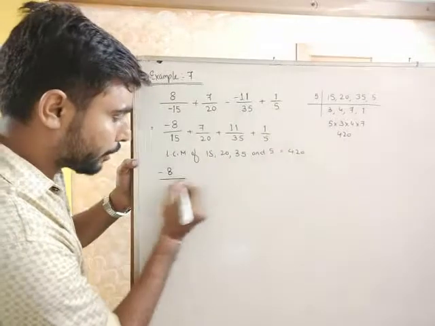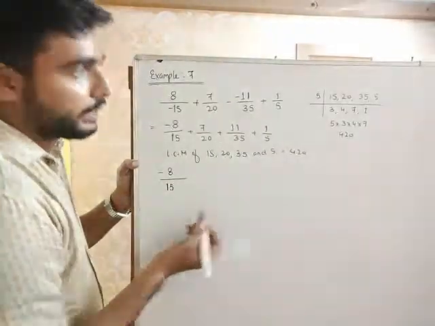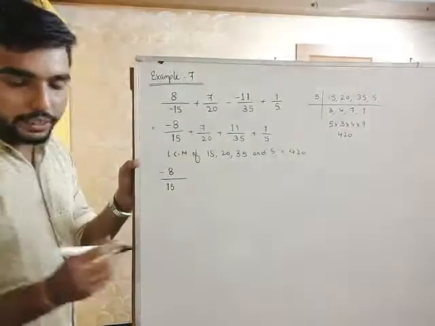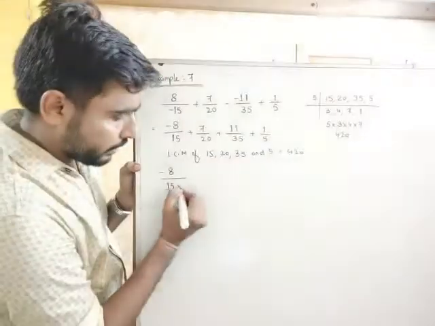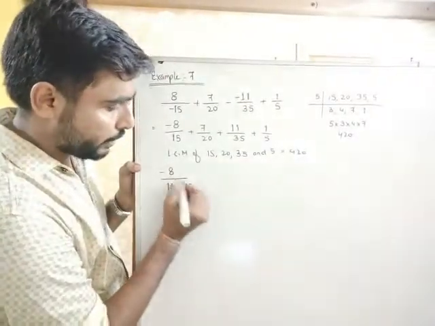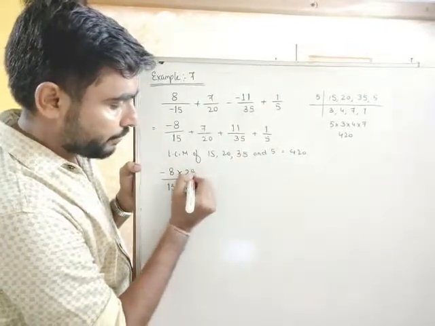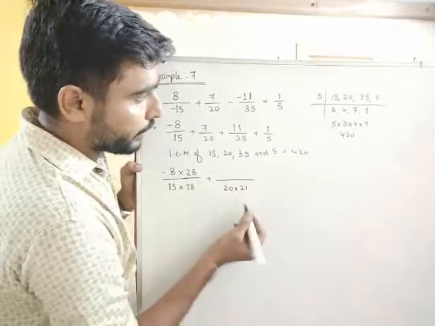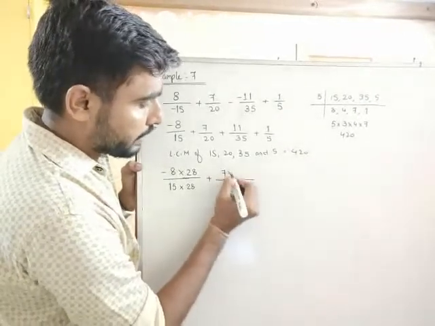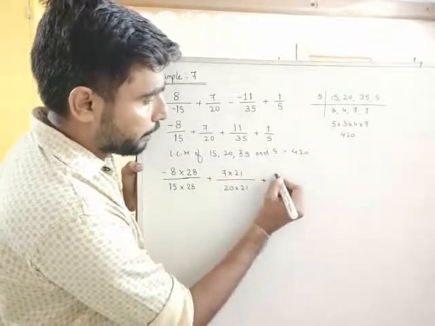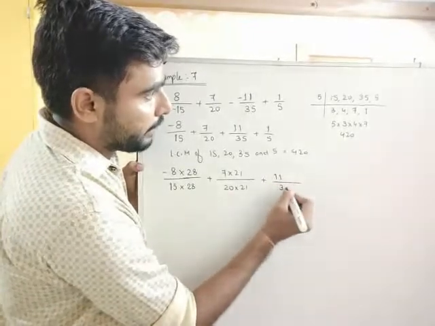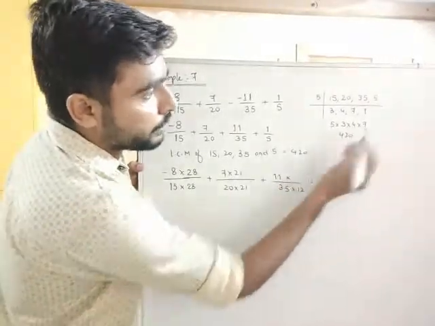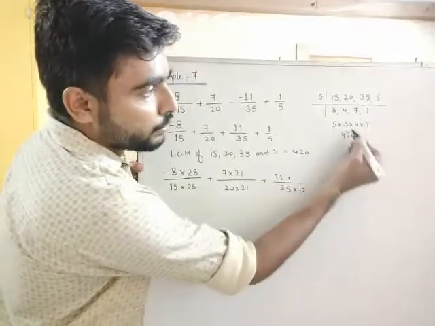So now all the denominators should be 420. 5 into 3 is 15, so what remains is 4, 4 into 8. Sorry, 4 into 7 is 28. So 15 into 28, 8 into 28, plus 20 into 21 is 420, so 7 into 21, plus 11 by 35. 35 into 12, because 7 into 5 is 35, 3 into 4 is 12.